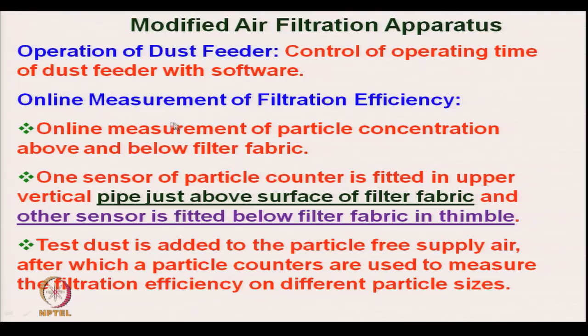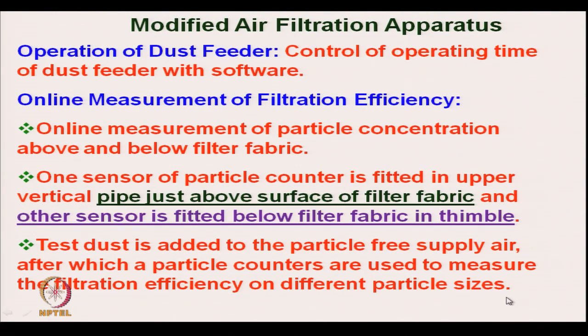So, for online measurement of particle concentration above and below the filter fabric, one particle counter sensor is fitted in the upper vertical pipe just above the surface of the filter fabric, and the other sensor is fitted just below the filter fabric. The test dust is added to the particle free supply air and mixed thoroughly, after which the particle counters are used to measure the filtration efficiency on different particle sizes.